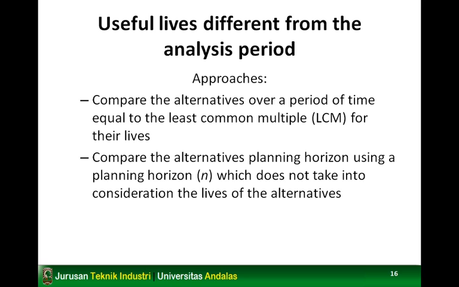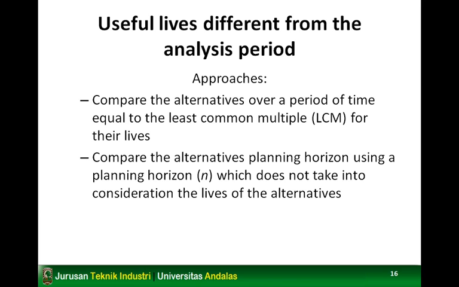With the first approach, for example, we have two machines that we will compare. The first machine has a life of 5 years and the second machine has a life of 10 years. So we will do the present worth analysis over a period of 10 years because the LCM of 5 and 10 is 10.